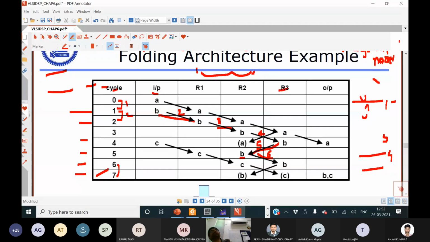See, always the priority is to move forward, but if that is not possible, I need to go backward. From 4 to 5, I am going backward, but once I go backward to 5, I see there is an opportunity at the 6 clock cycle to move forward again. At 7 clock cycle, as I cannot move beyond R3, I need to go backward.